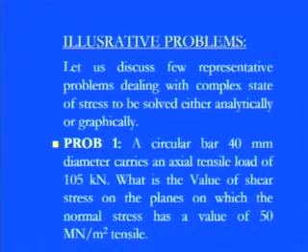Now we have this load, and we have the diameter of this circular bar, so we can simply calculate the tensile stress. But the other information given is the value of the shear stress. We need to find the shear stress by applying the tensile load on a plane on which the normal stress has a value of 50 meganewton per meter square, tensile.